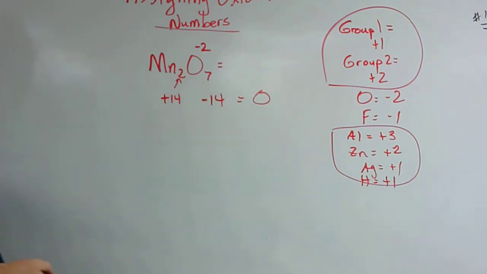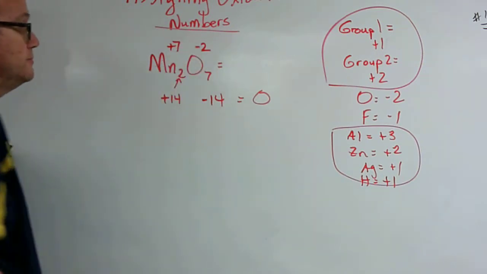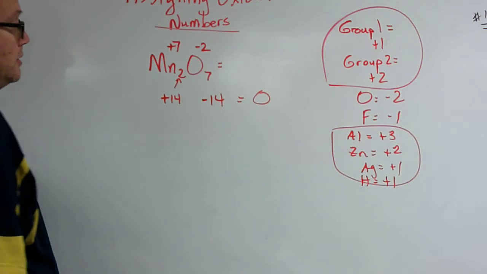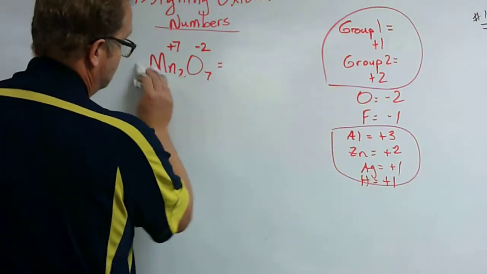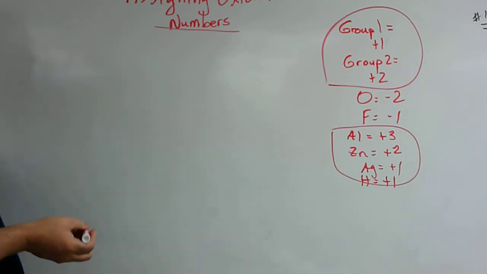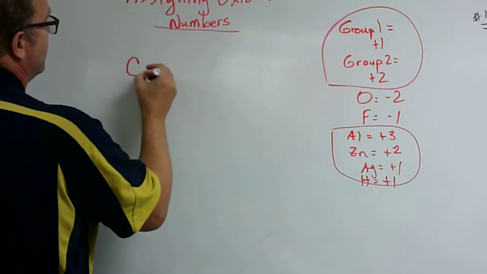And I have 2 of those, so my charge is going to be a positive 7. Now we did know on this one is manganese, Roman numeral 7, oxide. Again, kind of simple.